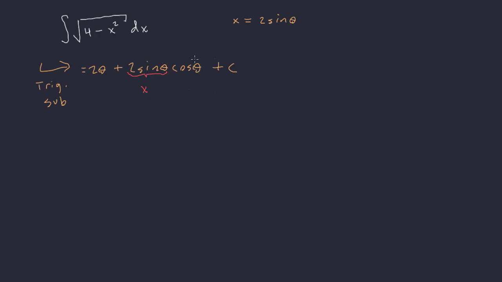How do we find the cosine theta? Well, we need to use a reference triangle. So to translate back, we often need a reference triangle.